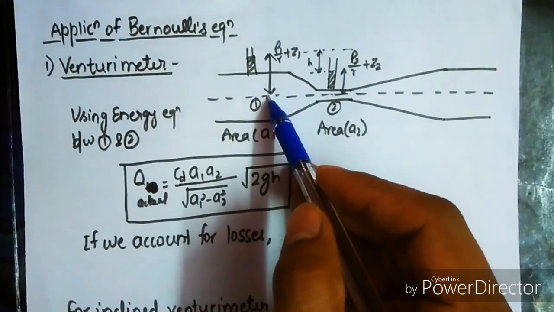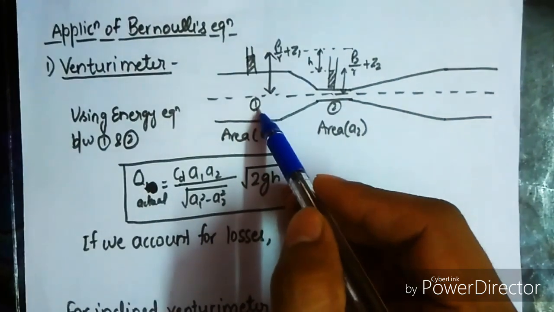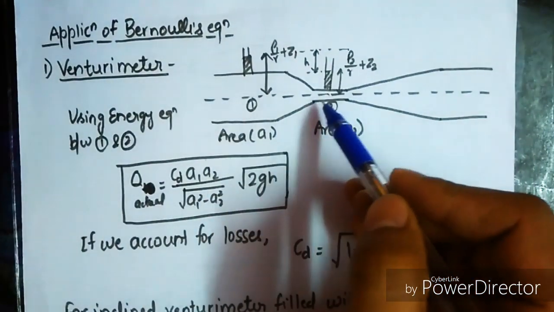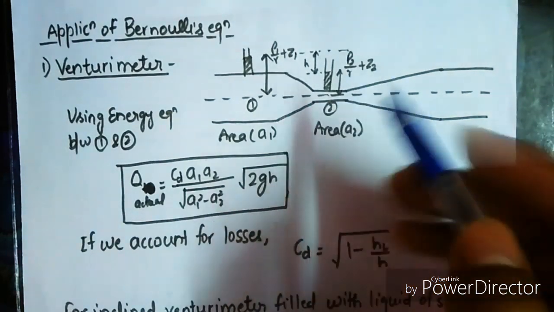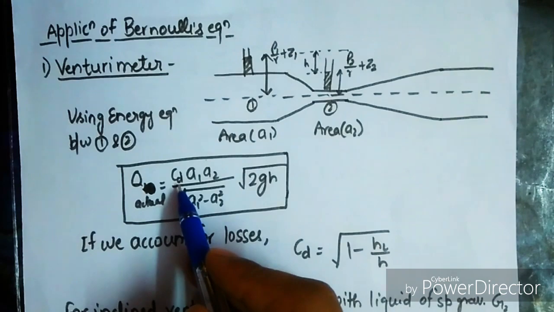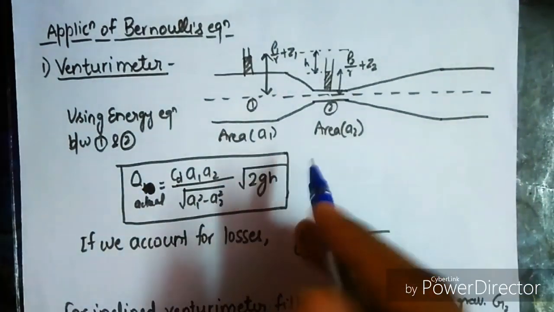A1 is the area of cross section of the pipe at point 1. A2 is the area of cross section of the pipe at 2, that is the contracted section. CD is the coefficient of discharge, having different values for different cases.